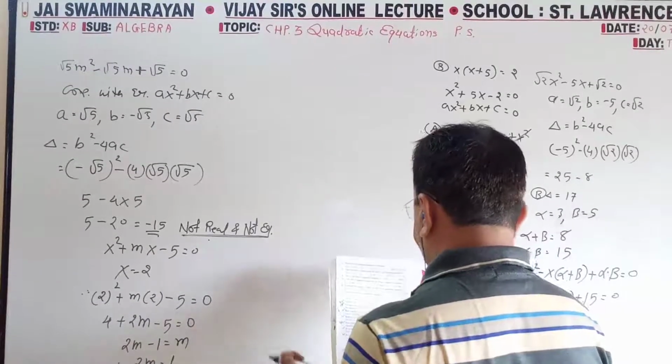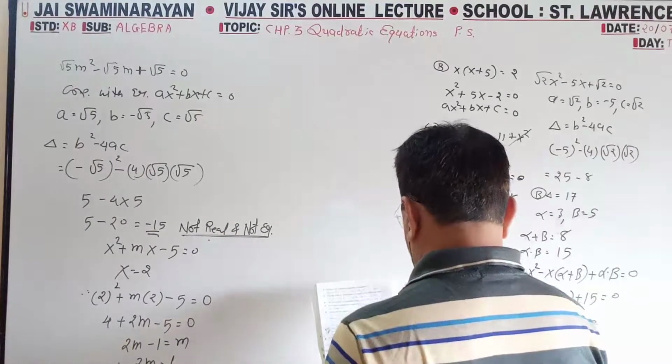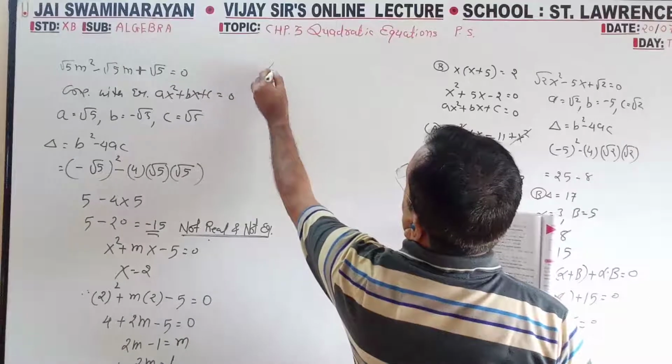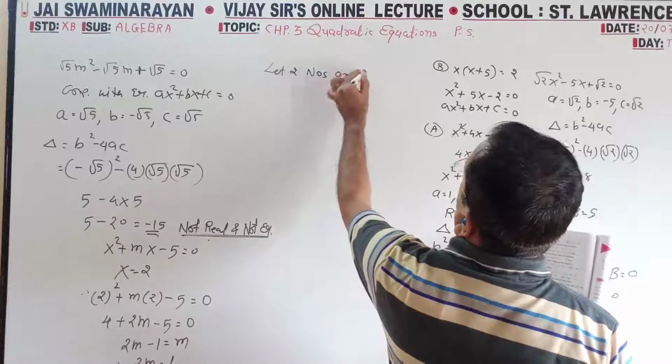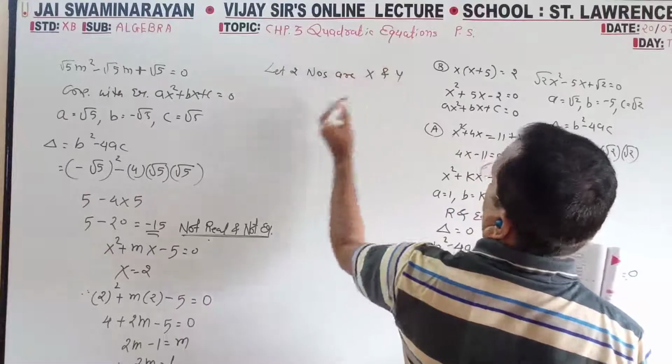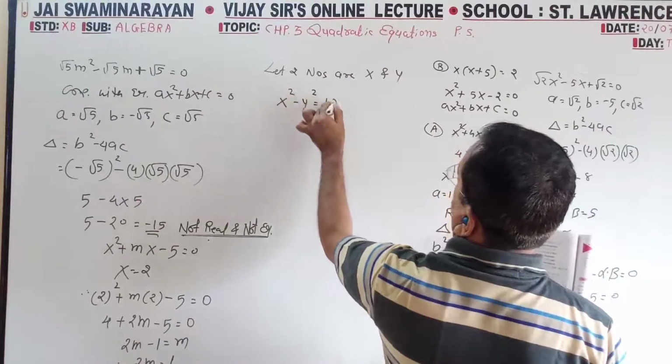The difference between the square of two numbers is 120. Let the two numbers be x and y. So x square minus y square, they have given 120.